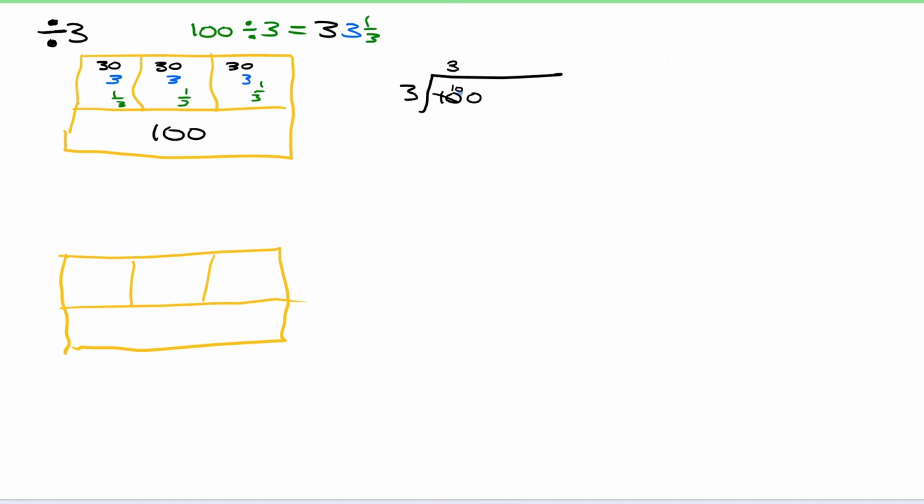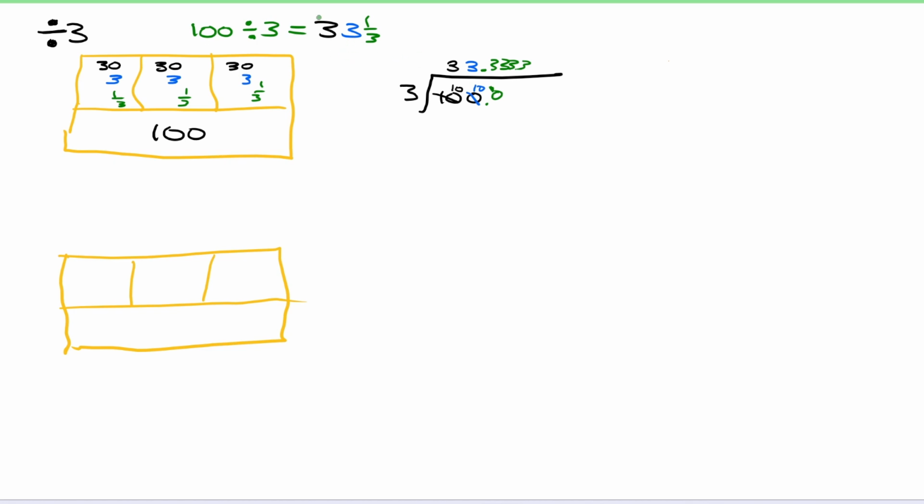But 1 ten becomes 10 ones. That means they each get 3 ones. Got 1 one left over. 1 one becomes 10 tenths, and now I just continue on with 0.33333 recurring as a decimal.